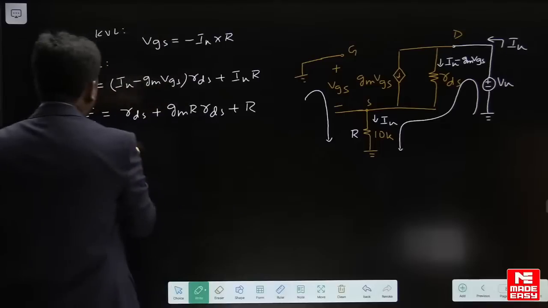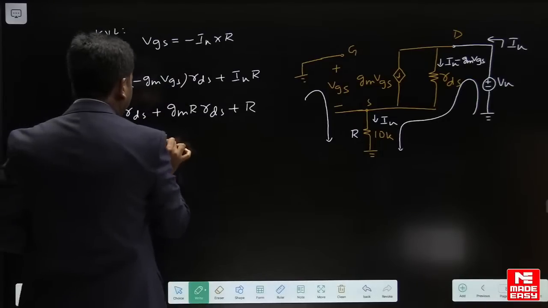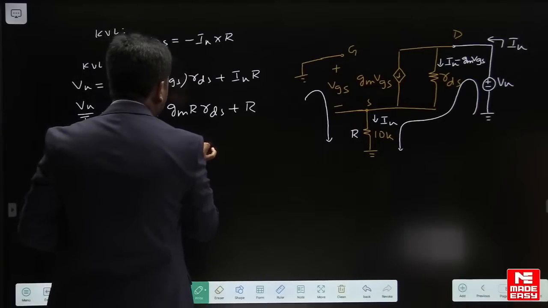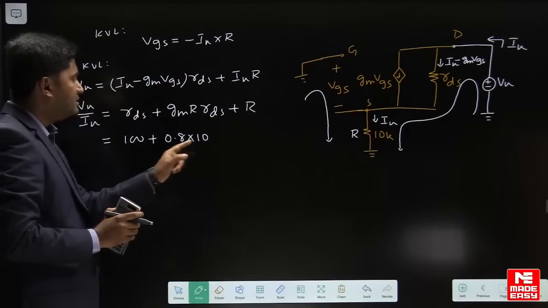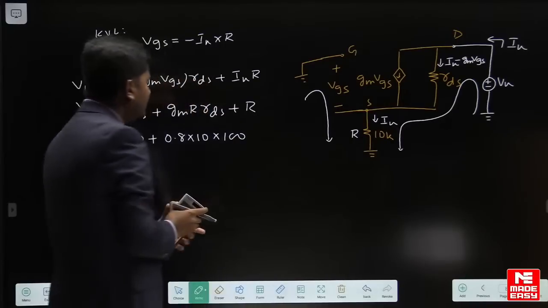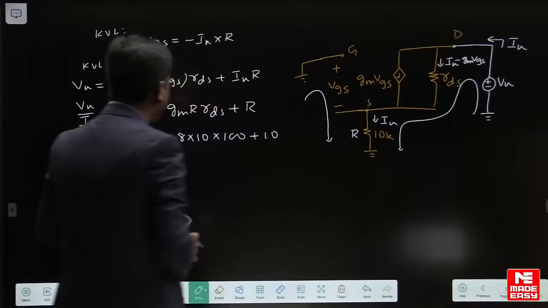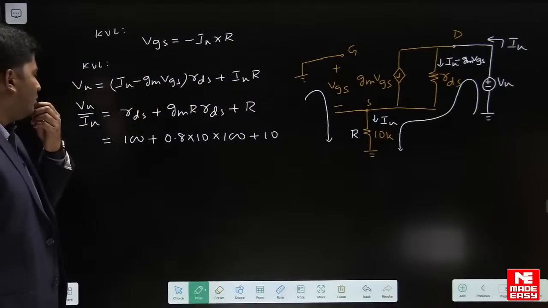Now you put all the values. RDS क्वेश्चन में दिया गया है 100K, GM को हमने फाइंड किया था 0.8 milli into R 10K, that milli into kilo it will cancel, into RDS which is in kilo ohm. So overall this will be in kilo ohms only, plus R which is like 10. So it will become how much beta?